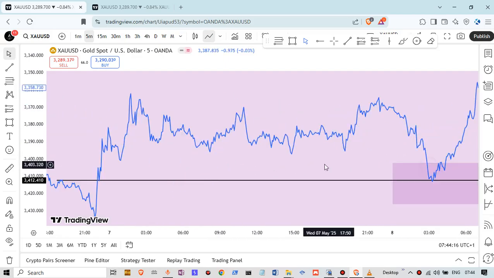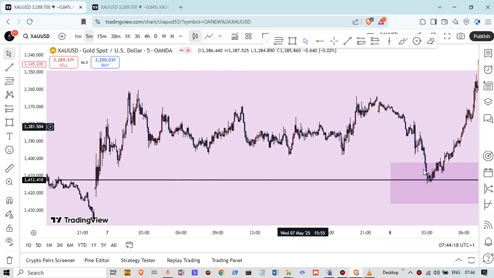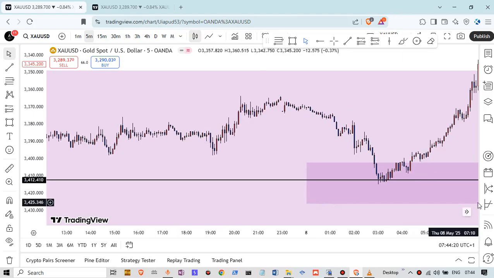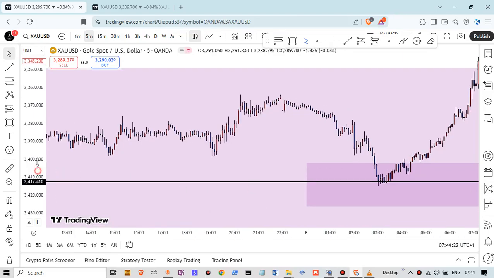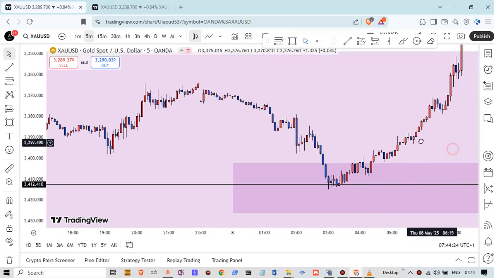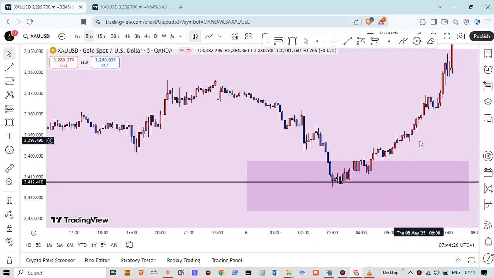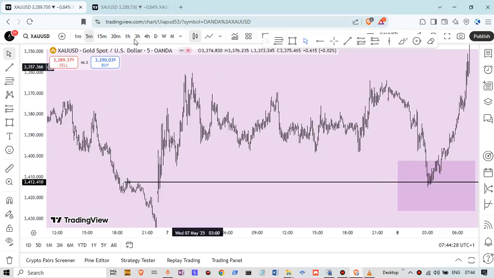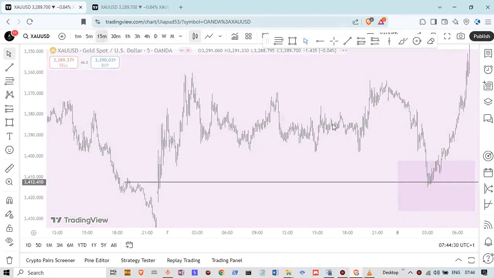You see the same thing we see here. This is what it looks like on the 5-minute time frame. I'm not teaching too much right now.